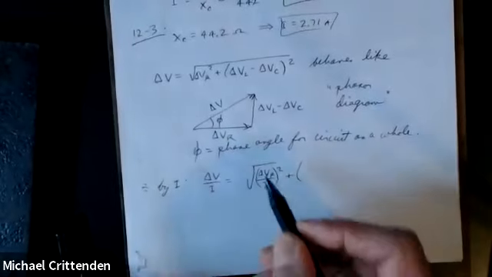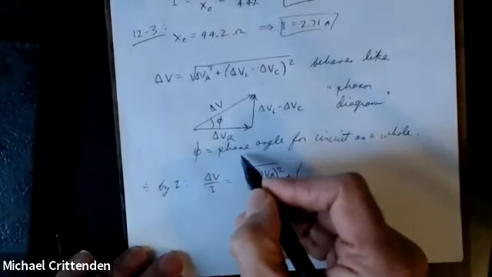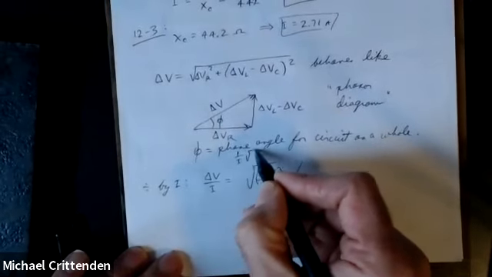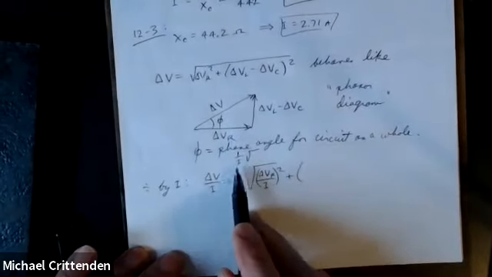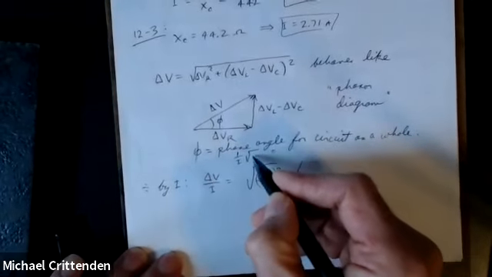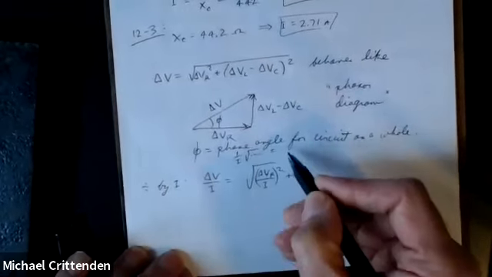Now, if you have 1 over I times the square root, when you take I inside the square root, there's a bunch of other stuff in there I don't feel like writing down.